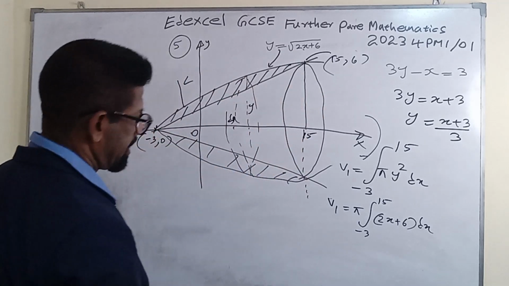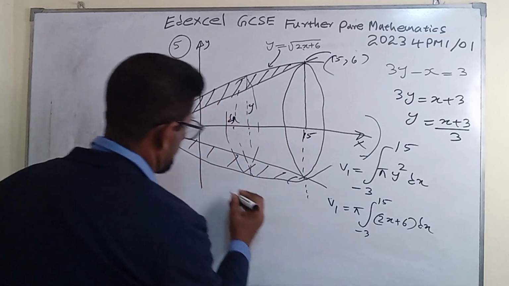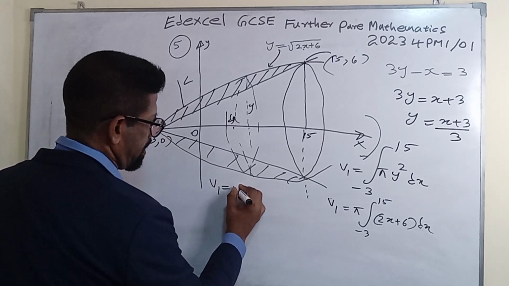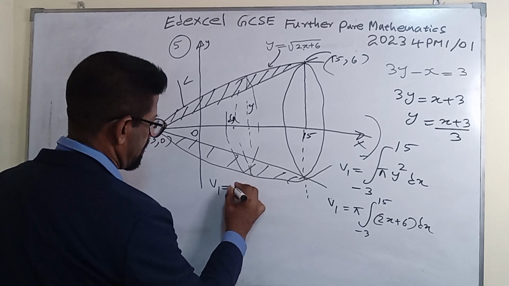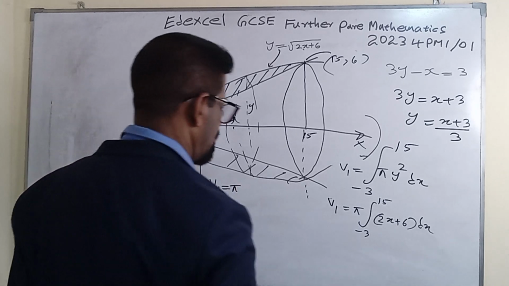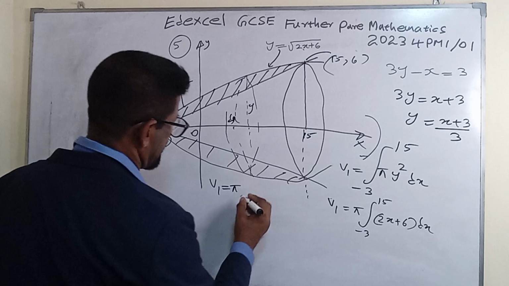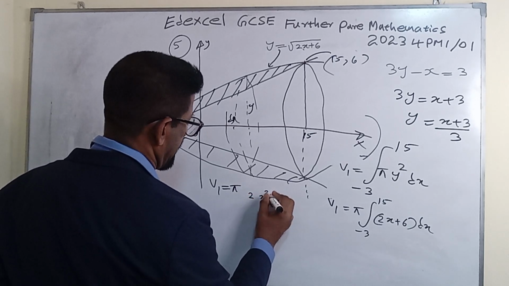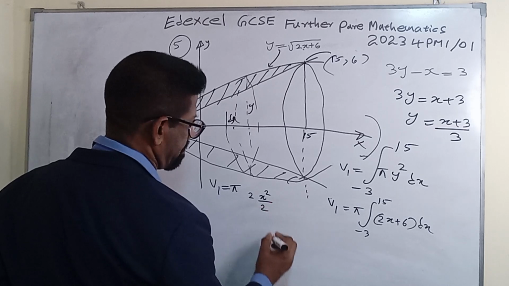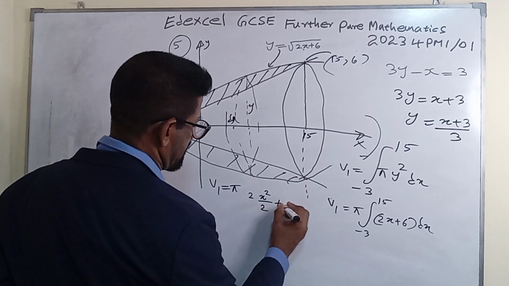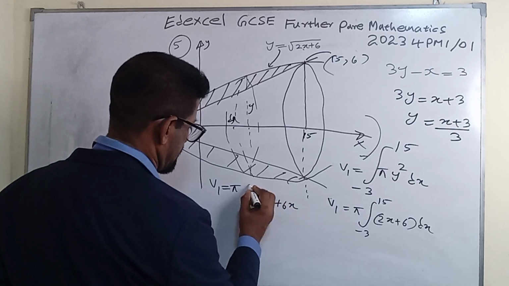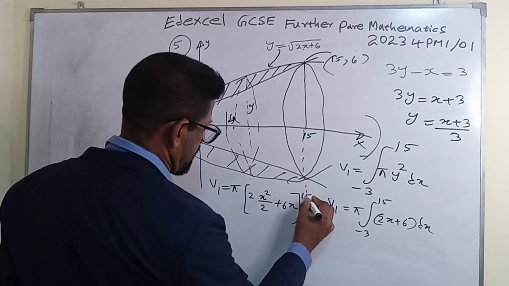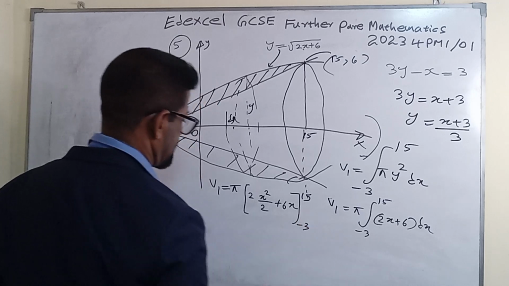So integrating, V1 equals pi times 2x squared over 2 plus 6x, from 15 to minus 3.